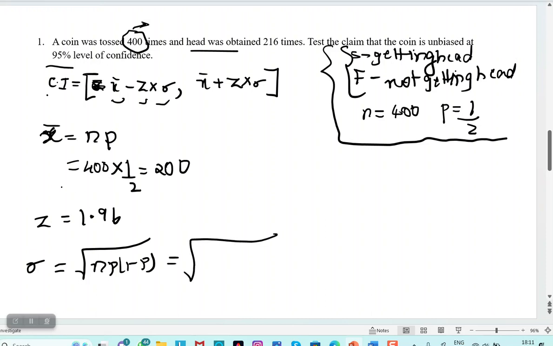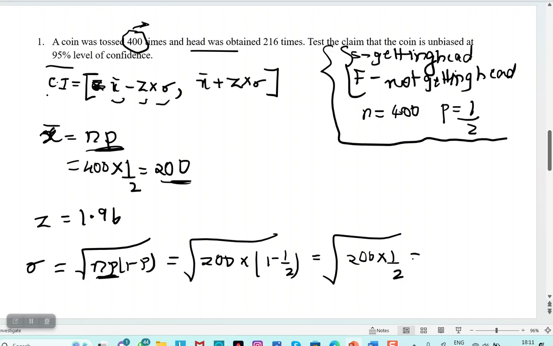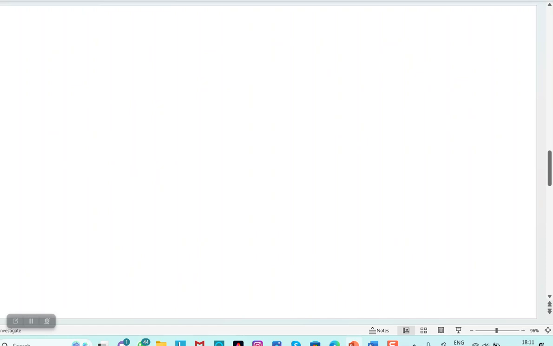Since np is already found as 200, we are left with 200 into 1 minus 1 by 2. 1 minus 1 by 2 is half, so this is root 100, which is 10. So we have got x bar, z and sigma. Now we find the confidence interval, which is x bar minus z into sigma, comma, x bar plus z into sigma.